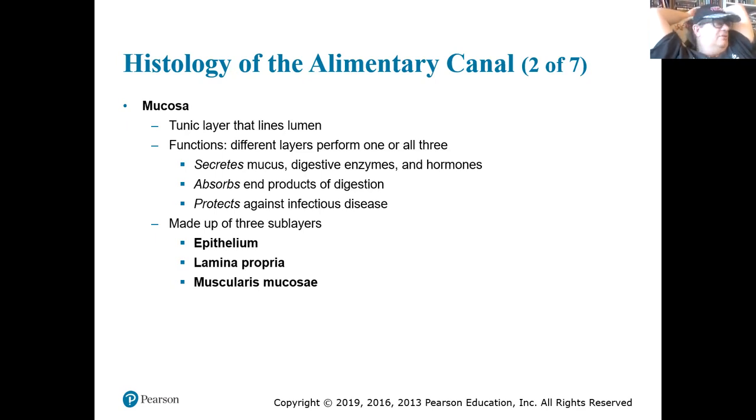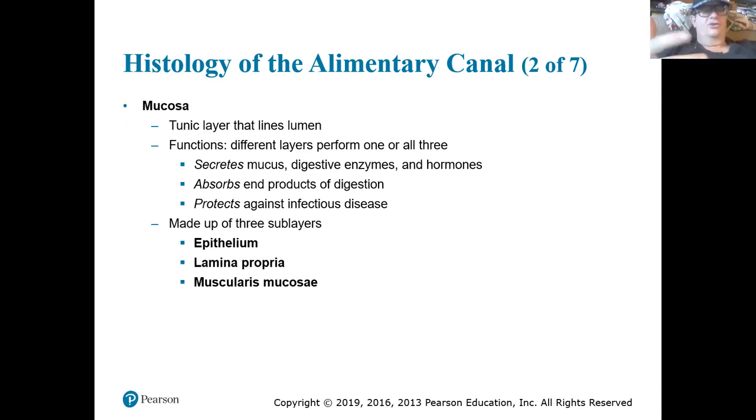You could protect against infectious disease. You got lymphatics running through there, so you have the white blood cells, and they can fight the bad things. Anyway, the mucosa has three layers: the epithelium, the lamina propria, and the muscularis mucosa. It's part of the mucosa.